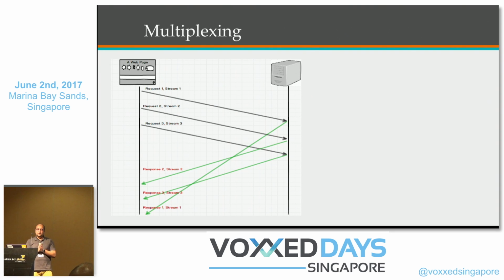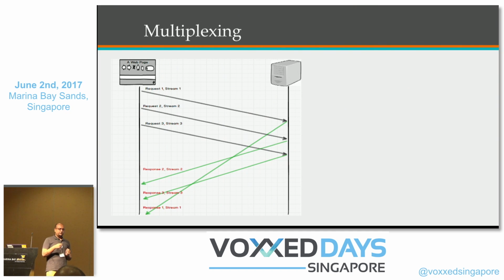In order to answer this, we need to understand 2 key concepts that HTTP 2 introduces. One is called frame and the other is called stream. So let's talk about the frame. A frame is the basic unit of HTTP 2. It is the smallest unit of communication.